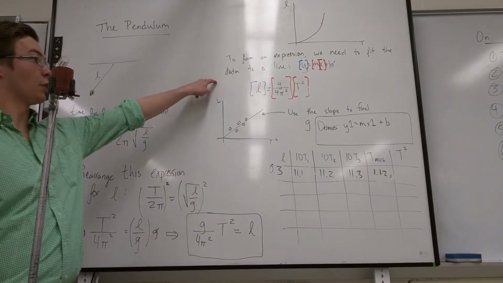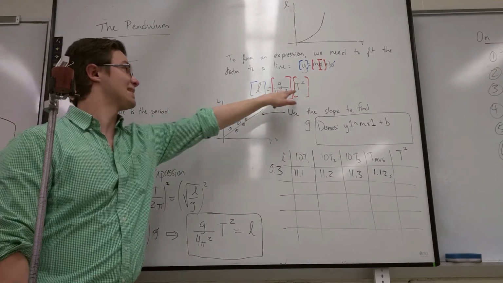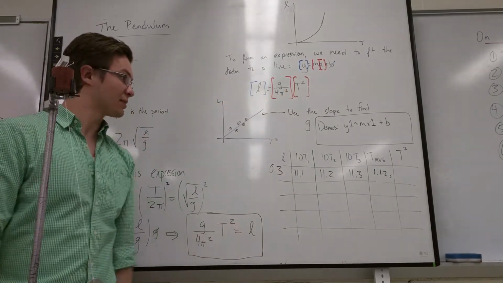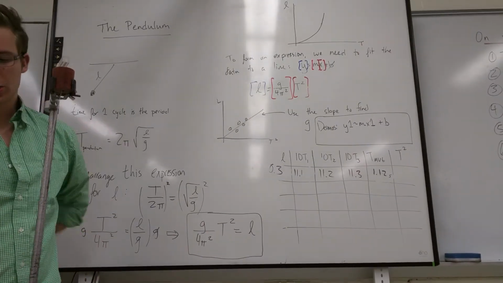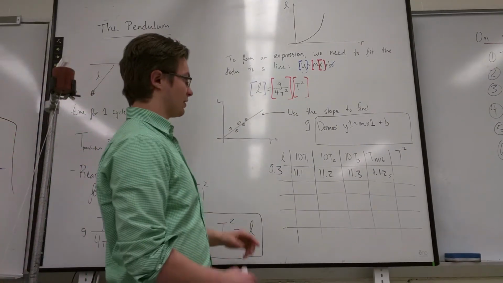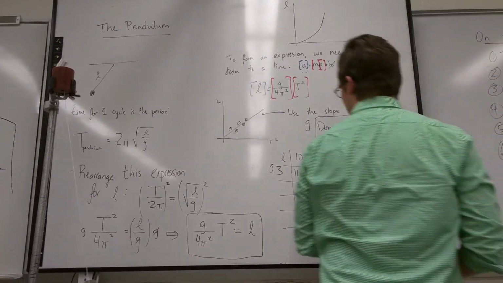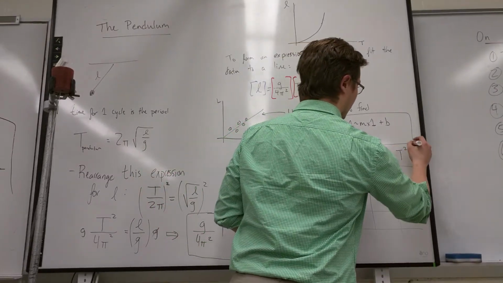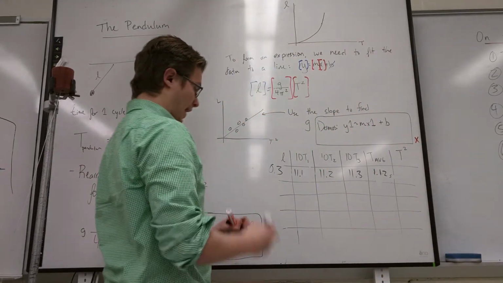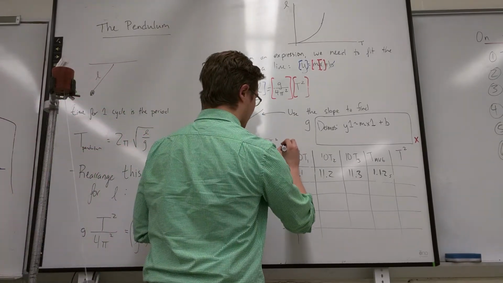But remember, when we're curve fitting, we want to use L on the y-axis and t squared on the x-axis, so I'm going to square this value 1.12 in order to get something that is plottable for a linear function. So this t squared data here is my x, and the data for L is my y.